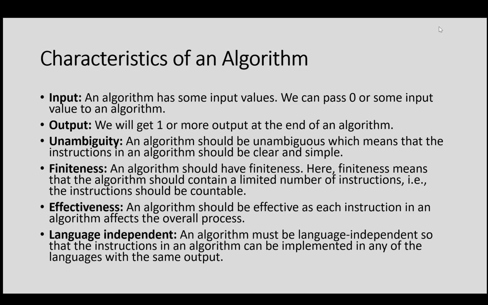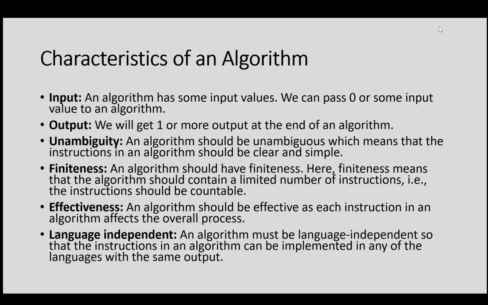Next thing is finiteness. When I develop an algorithm, the step-by-step things to be performed to achieve a particular goal, it cannot have infinite steps. It is not a never-ending set of steps. If there is, it is not a proper algorithm. So a main characteristic of an algorithm is that it needs to be finite.